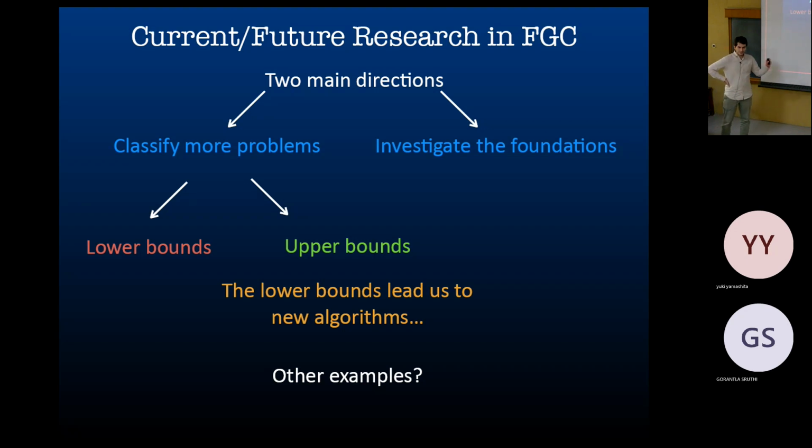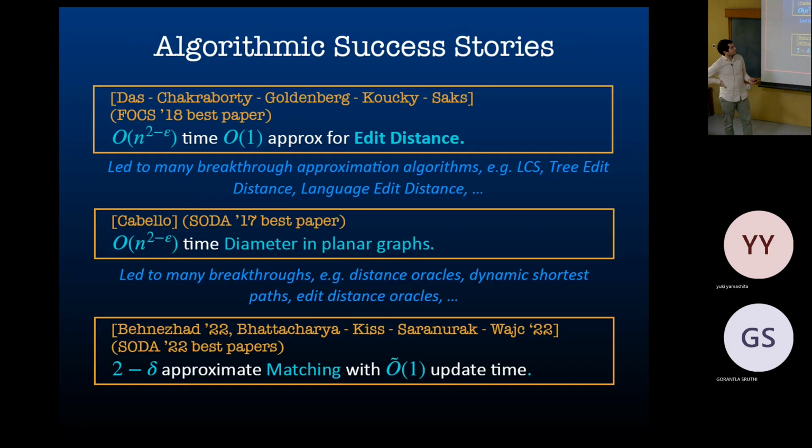Okay, now just to further drive this point of how these lower bounds really direct us to the solvable problems, I want to give just a few more examples of recent results. I mentioned that the biggest open question in the field has been for many years, in terms of hardness of approximation, to prove that you cannot get a very good approximation for edit distance in near linear time.